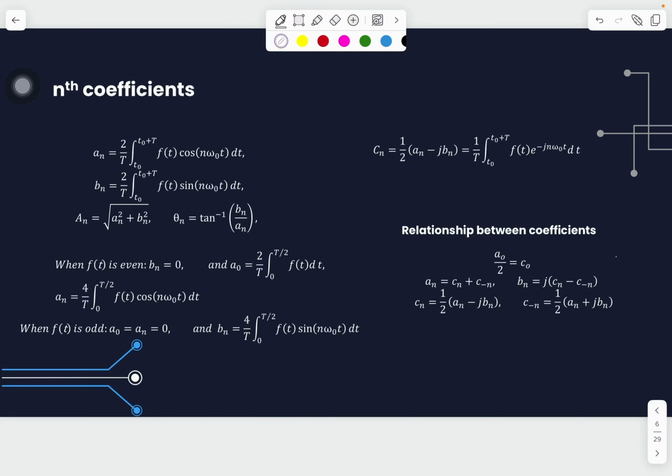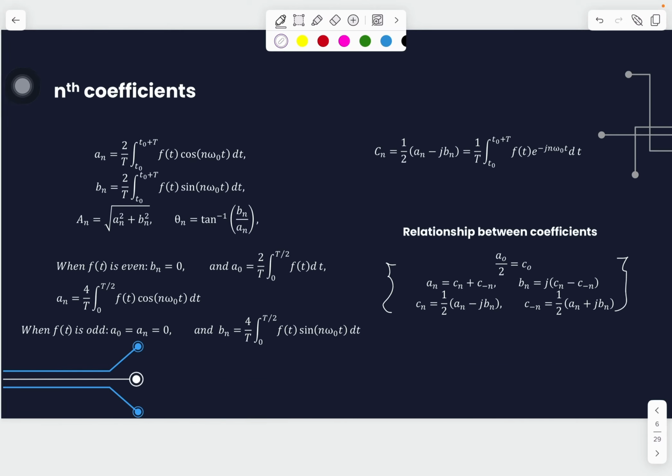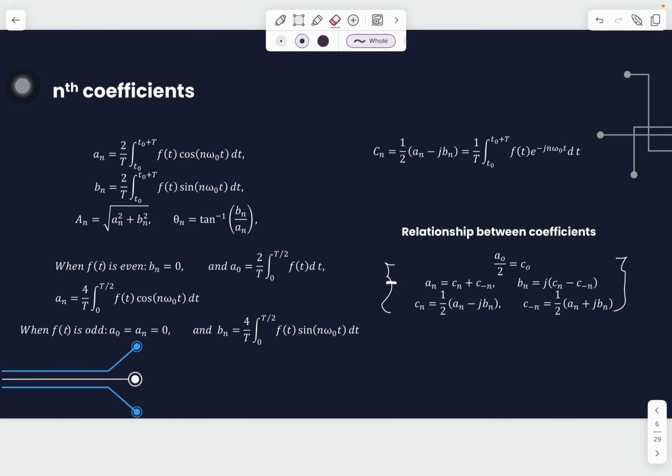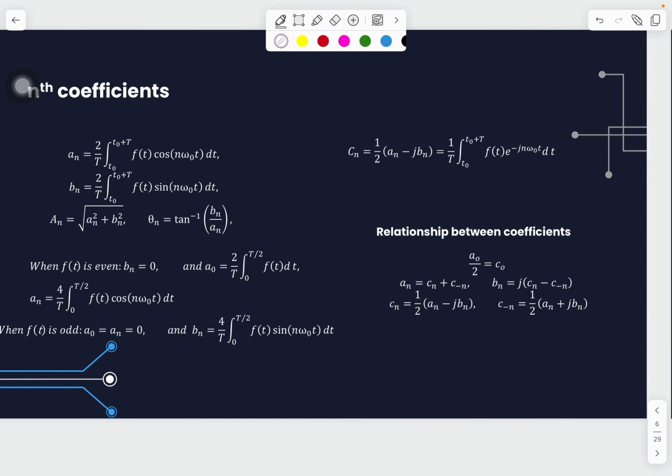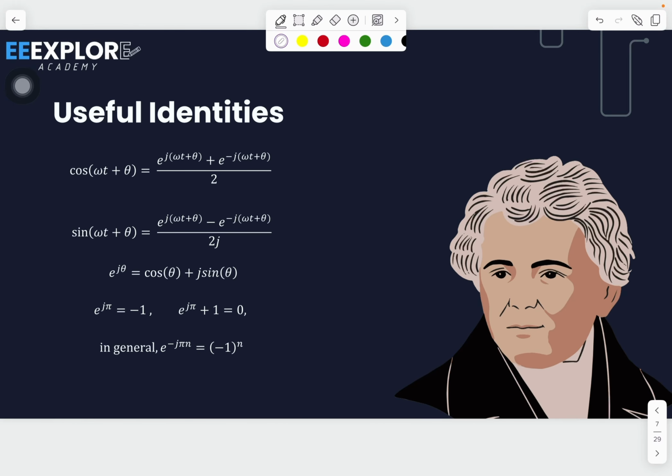The relationships between the coefficients is useful because if we find the trigonometric Fourier series, for example, we don't need to start from the beginning to find the exponential Fourier series. We can just use the relationships. We will see later when we solve the example together. So these are also useful identities. They will come in handy when we want to solve an example or a problem, especially the first, second, and the last one are the most used.